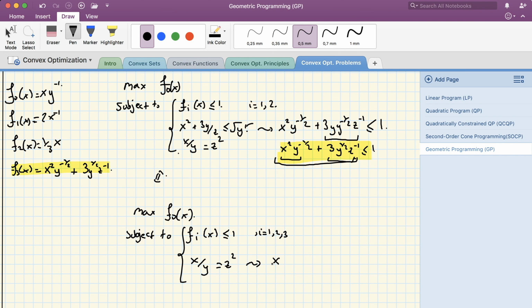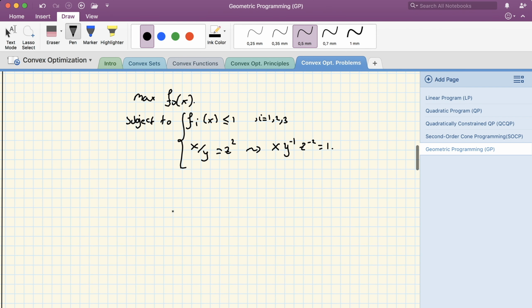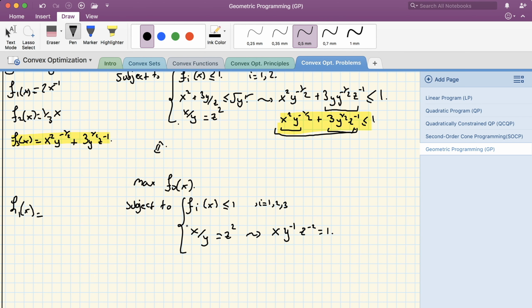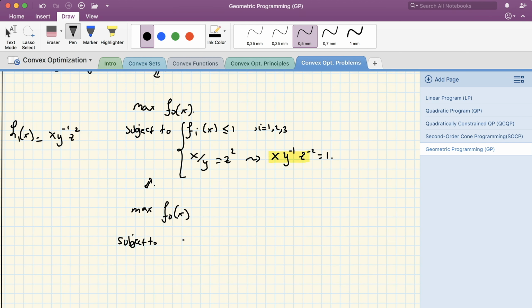We'll get x. We have a y in the denominator, so y to the power minus 1, and z squared, z to the power minus 2 is equal to 1. And there you go. So your h1 of x should be this. X y to the power minus 1 z to the power minus 2, subject to fi of x less than 1, i goes from 1 to 3, h1 of x is 1.